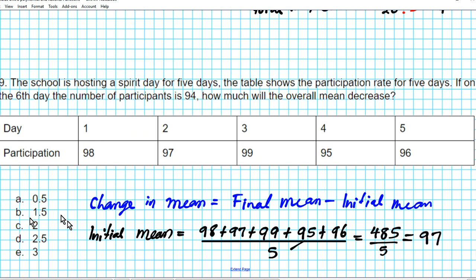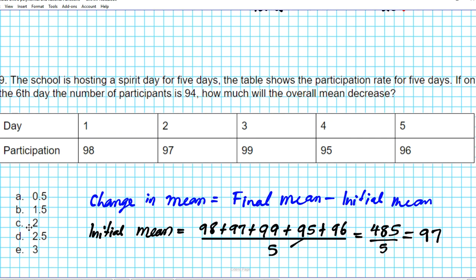Alright, so we add an additional data point to our set, the one for the 6th day. So the final mean is going to be this total that we have, 485, plus one more, namely 94. And instead of dividing by 5, we're going to divide by 6 because we have one more data point. When you divide that out with your calculator, you have 96.5.